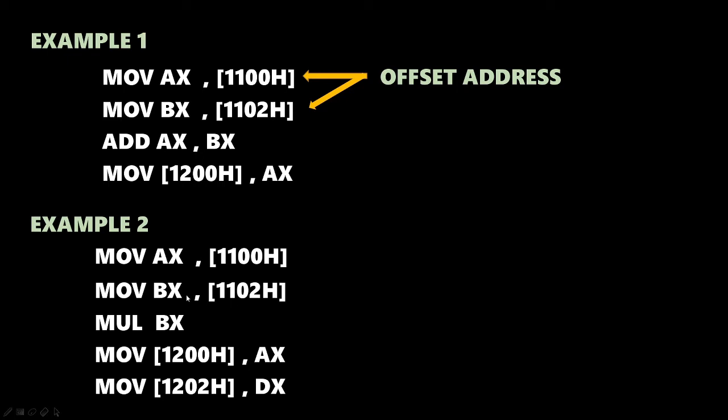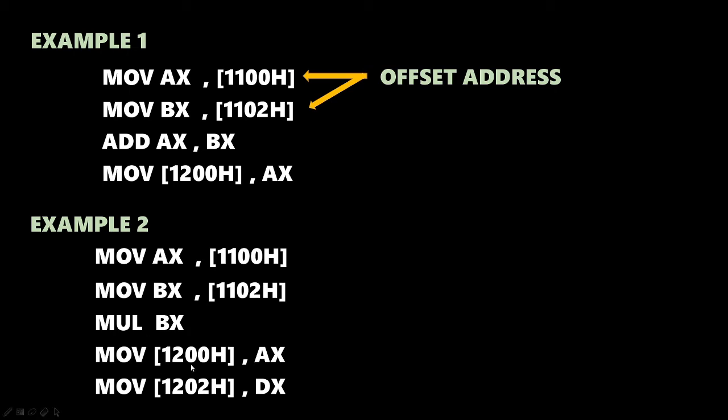Now let's see another example. Suppose we have move AX, [1100h]. So whatever is stored in this location will get stored in our AX register. Then we write move BX, [1102h]. So whatever is stored in this location will get stored in BX register. Then we do a multiplication operation, which I have discussed in my last video.